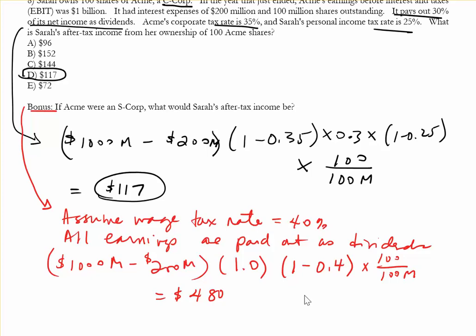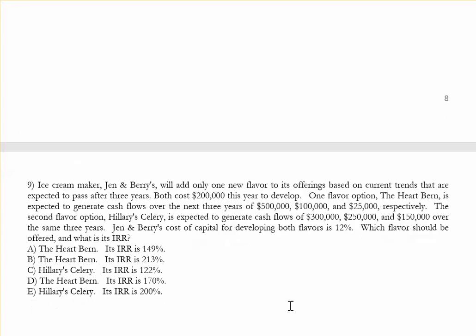So we see 0.3 being paid out here, and then we have 1.0 paid out here, and again because of that. So know how to calculate the after-tax earnings, and also therefore you'd also be able to know what the total taxes are under an S corporation and a C corporation.